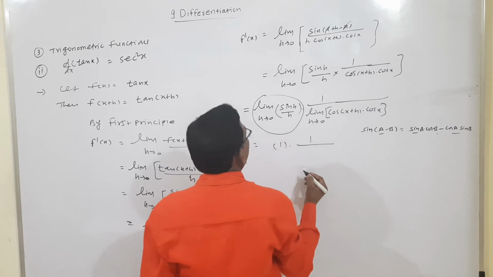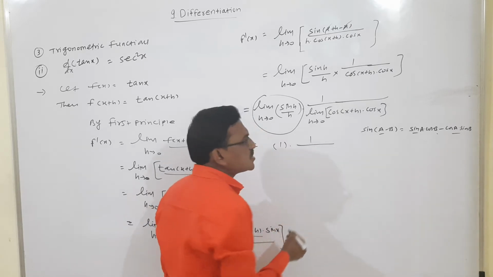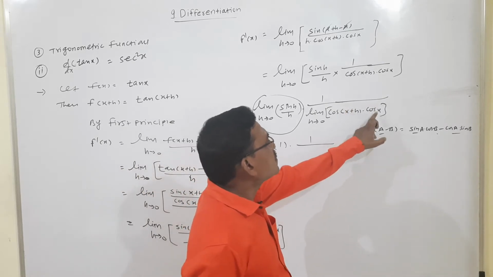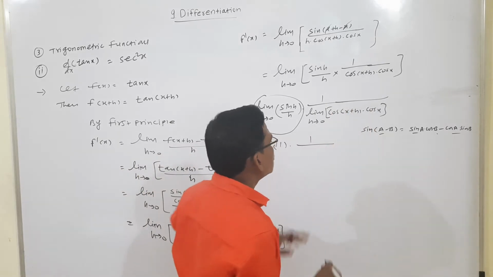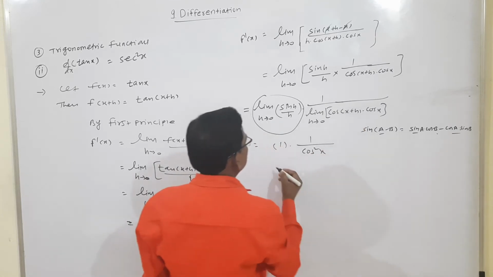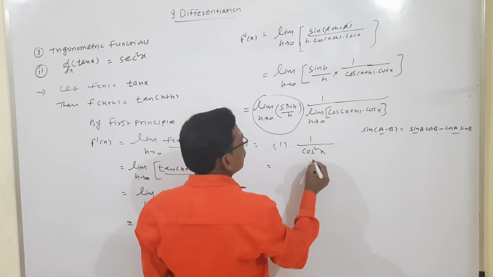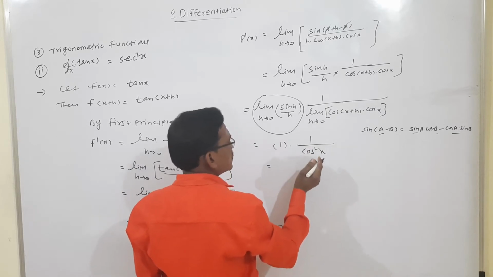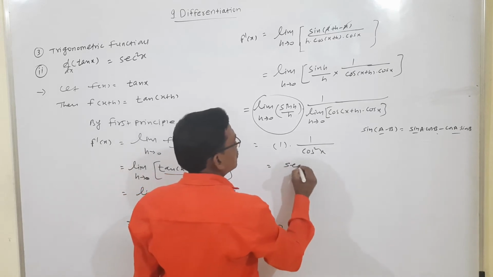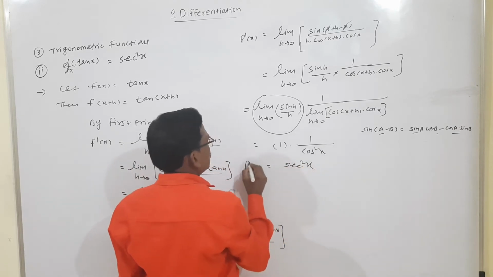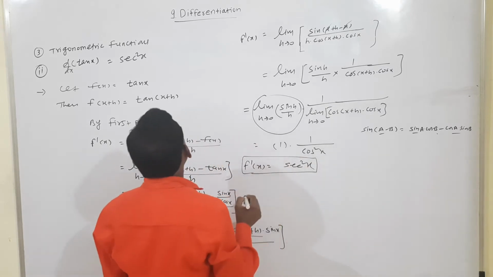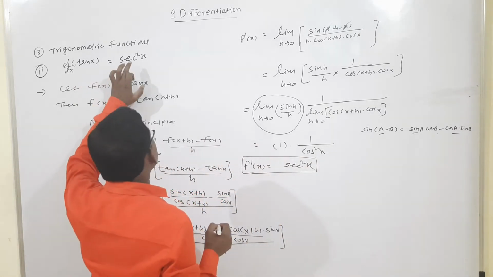Then applying the limit as h tends to 0, x plus 0 is x only, so cos x into cos x is cos square x. So 1 into 1 by cos square x, and 1 by cos is sec x, so it is sec square x. So f dash x equals sec square x. Hence the derivative of tan x is sec square x.